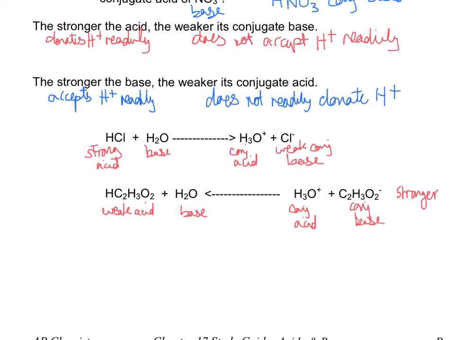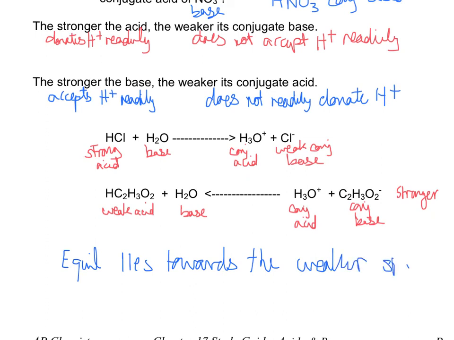Now you notice that I have an arrow going this way and an arrow going this way here. This is a one-sided arrow because this is a strong acid. Basically, equilibrium always lies towards the weaker side. Because if you have a strong acid or a strong base, it's going to react. It's going to dissociate, so it's no longer going to be there.